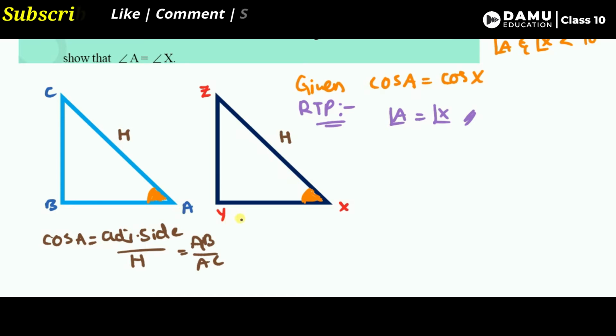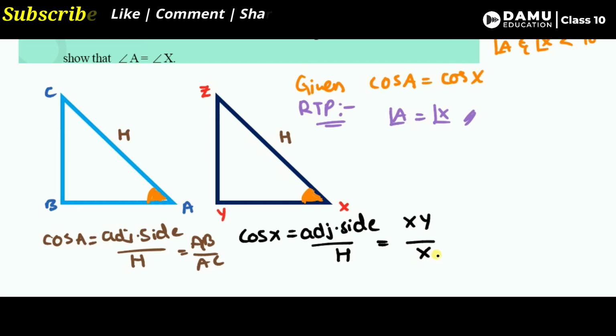Then cosine X is the adjacent side by hypotenuse. The adjacent side is XY and the hypotenuse is XZ.